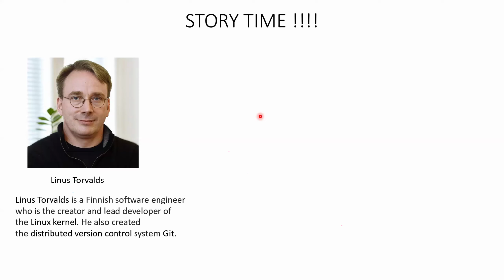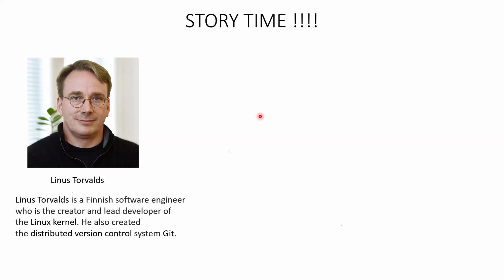Just like Bill Gates created Windows, Linus Torvalds created the Linux kernel, and he also created the distributed version control system. He was the first person to create a distributed version control system, and he named it Git.